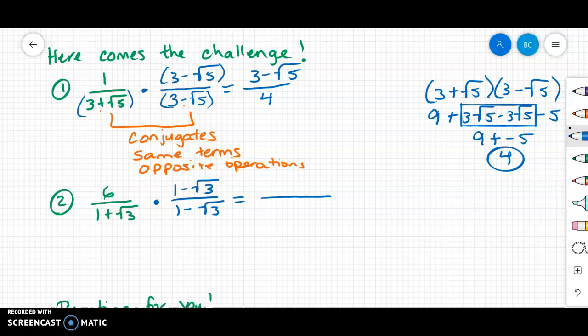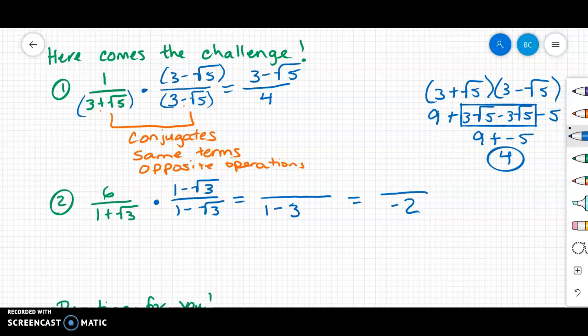So my first term is going to be 1. My inner terms are going to be 1 times the square root of 3, and then minus 1 times the square root of 3, which those are going to go away. And then my last terms are going to be minus the square root of 3 times the square root of 3, which is 3. So that's going to simplify to negative 2.